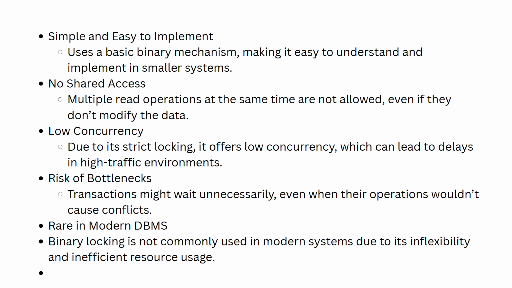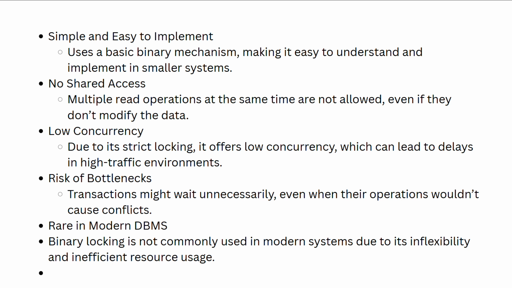So the next point is simple and easy to implement. It uses a basic binary mechanism, which makes it easy to understand and implement in a smaller system. Next point is no shared access. Multiple read operations at the same time are not allowed, even if they don't modify the data. Next point is low concurrency.